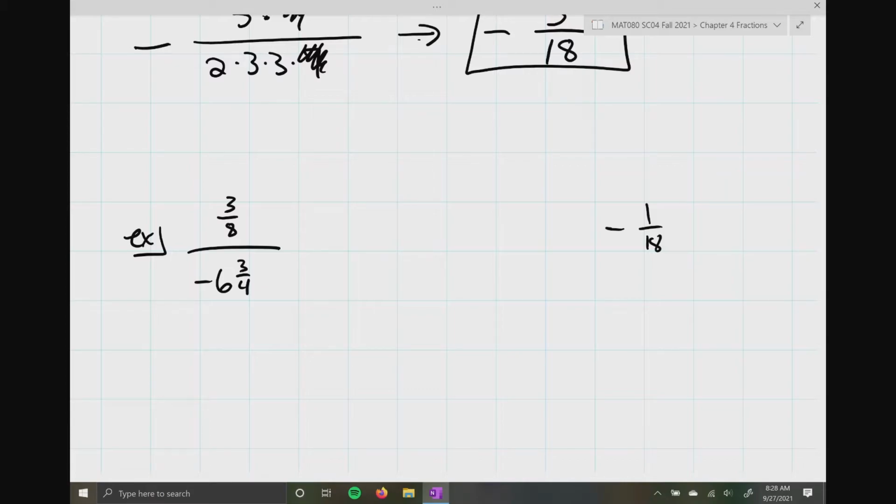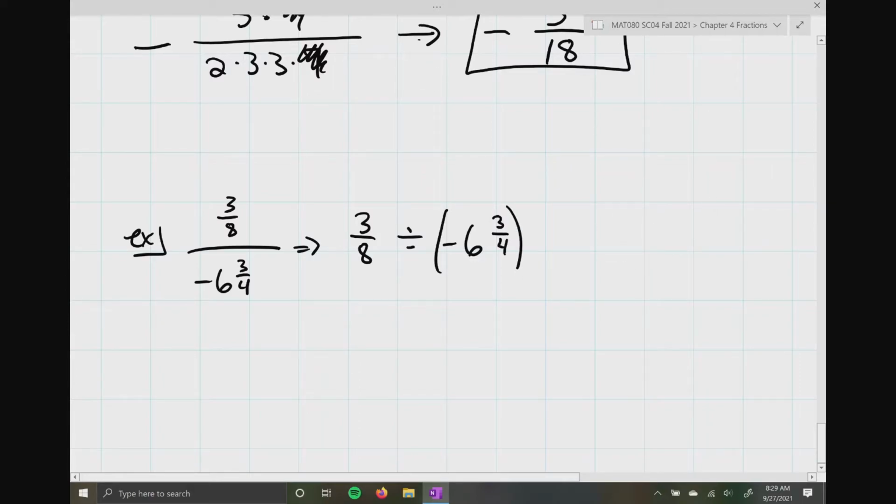First, we have a fraction divided by another fraction. So let's just rewrite it in a normal way, something we're used to seeing. Now I can see this second fraction is a mixed number, so I need to convert that.